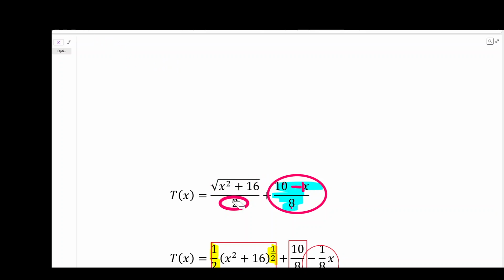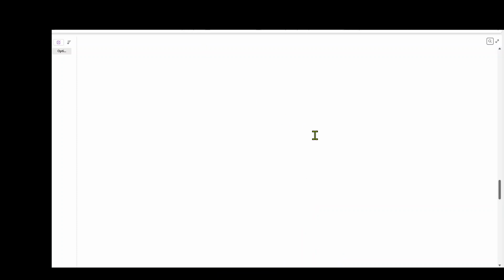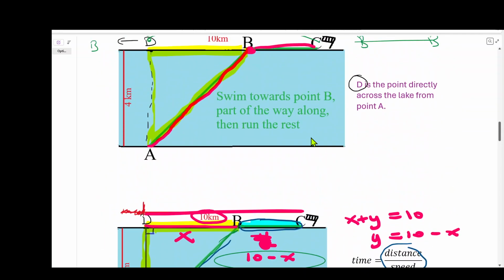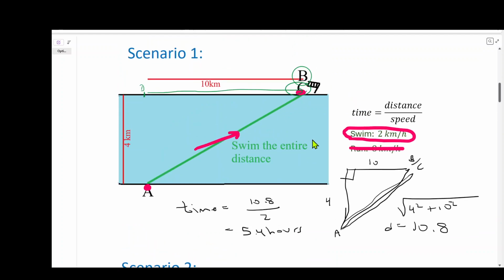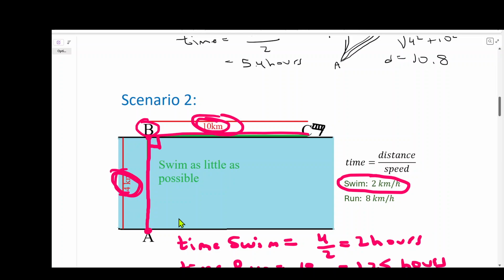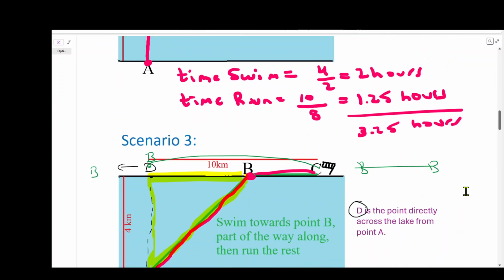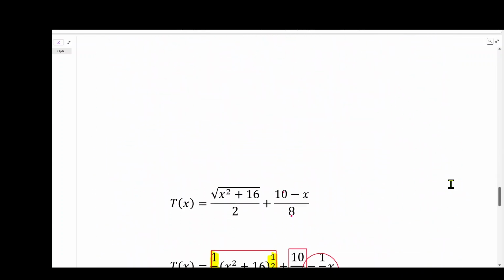If I let x equal 0, what I should get is exactly what I figured out in scenario 2, because scenario 2 is when D and B are in the same spot. So let's check that. Math is good. Let's check it.